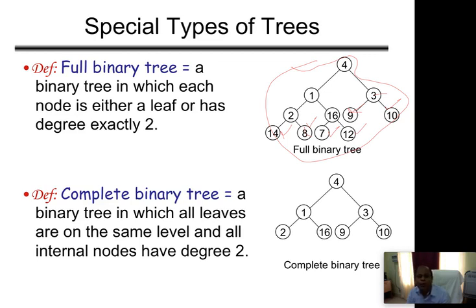Now, a full binary tree becomes a complete binary tree if you give two children to each of the non-leaf nodes which are not present at the last level.